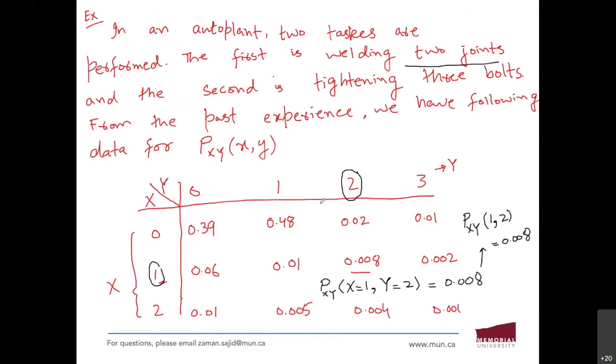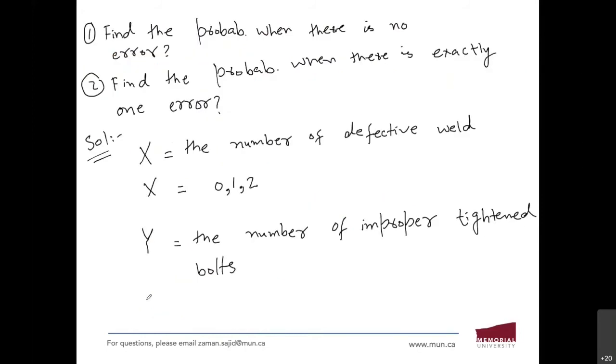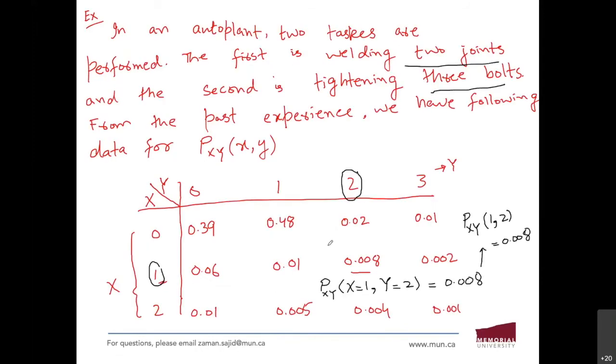The second is tightening 3 bolts. So this means your y value when it is not proper is 3. So it will be 1, 2, 3. And when there is none, this random variable will be 0. Now if you look here, you have x as 0, 1, 2 and your y is 0, 1, 2, 3. That is the reason your table is indicating the same thing. So your x is 0, 1, 2, whereas your y value is 0, 1, 2, 3.